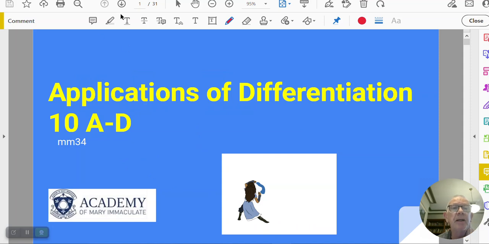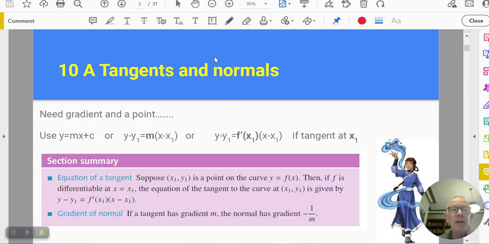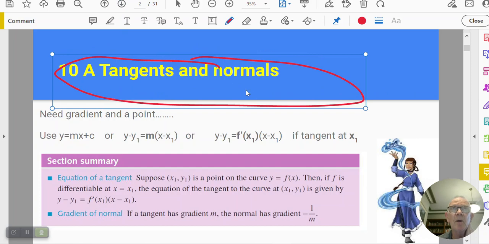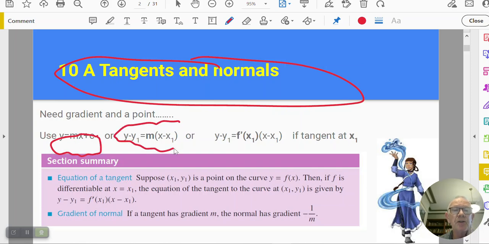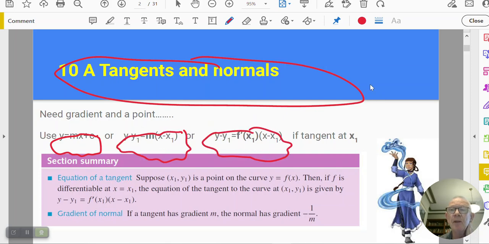Tangents and normals, we looked at way back in chapter 1. You also saw them last year. You need to use straight line rules like y equals mx plus c, or the variation of the same form. Keeping in mind that if this is my f of x, a tangent attached at a point will share the same gradient as that point.